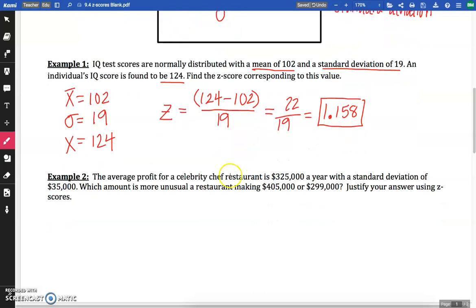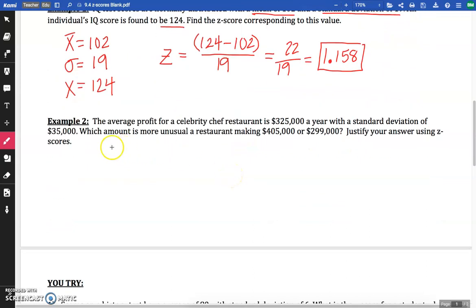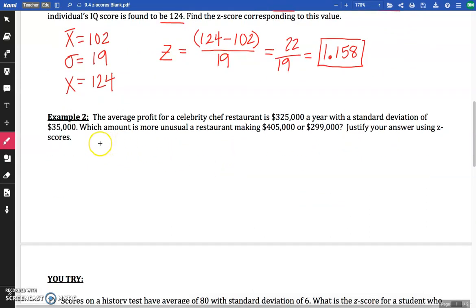Now let's look at another example. Here it says the average profit for a celebrity chef restaurant is $325,000. So average, that's another word for mean. So I know x bar is 325,000, with a standard deviation of 35,000, so sigma equals 35,000.